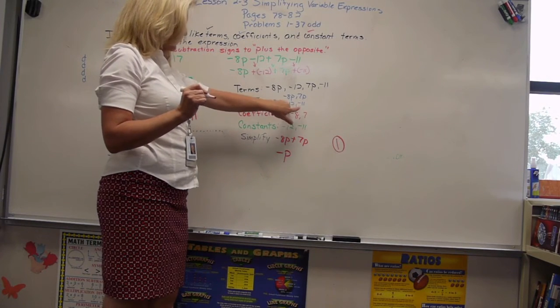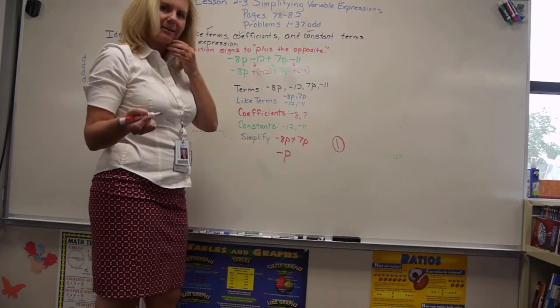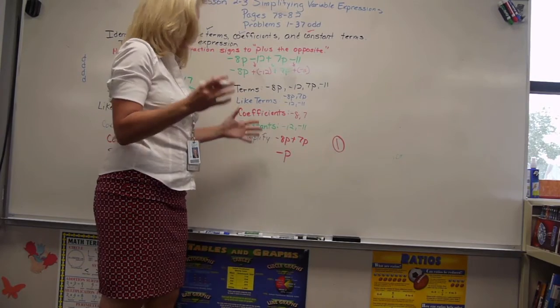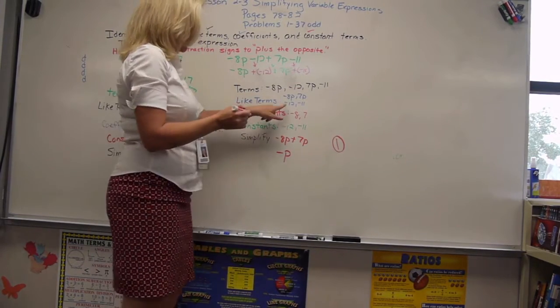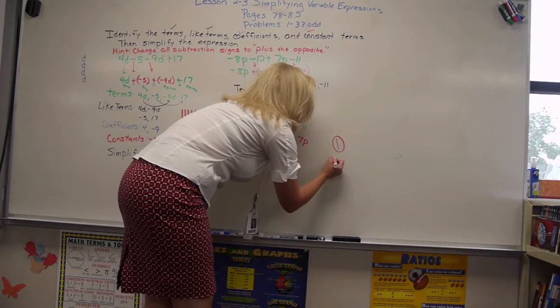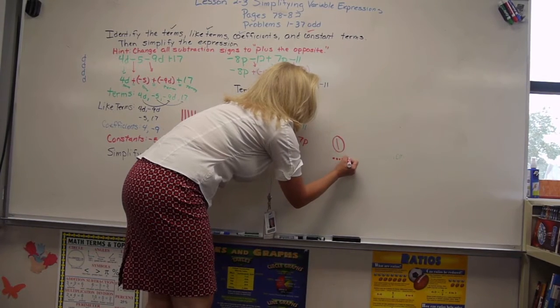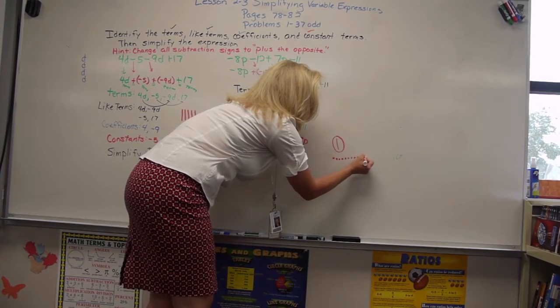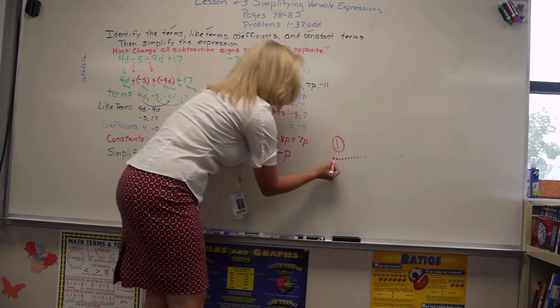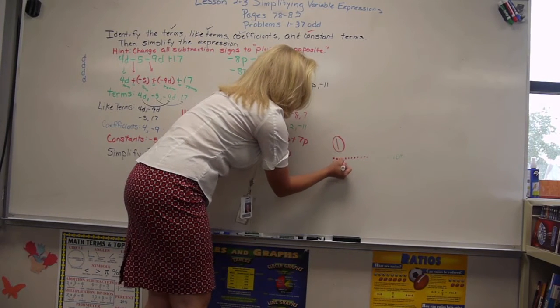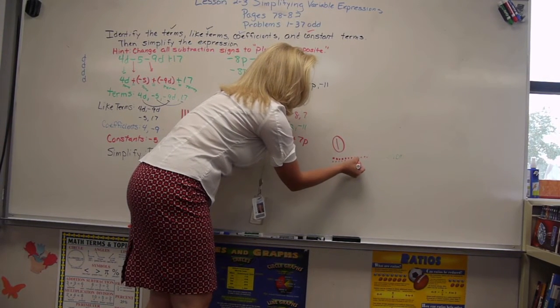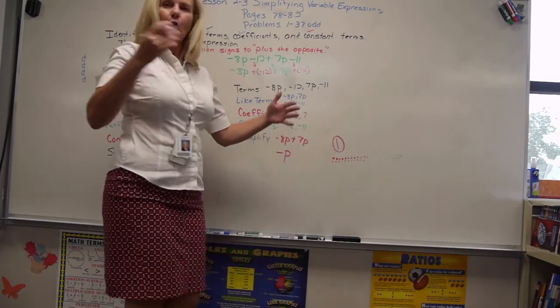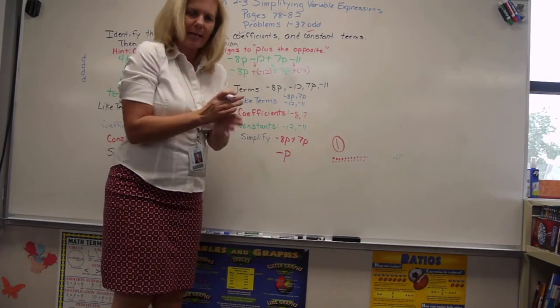Now my constants have to be pulled together. Remember, my constants don't look like my variables, so I never can pull those together. So I have negative 12, 1, 2, 3, 4, 5, 6, 7, 8, 9, 10, 11, 12. And I have negative 11, 1, 2, 3, 4, 5, 6, 7, 8, 9, 10, 11. They're all reds, so I have no canceling out.